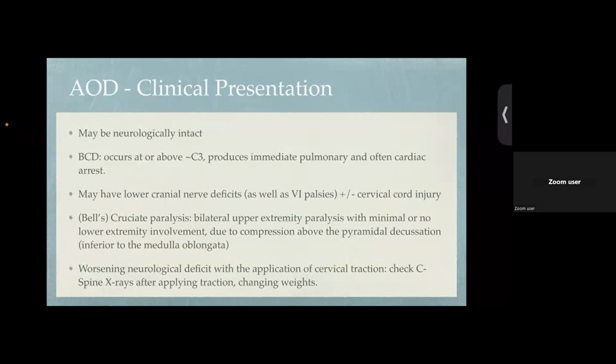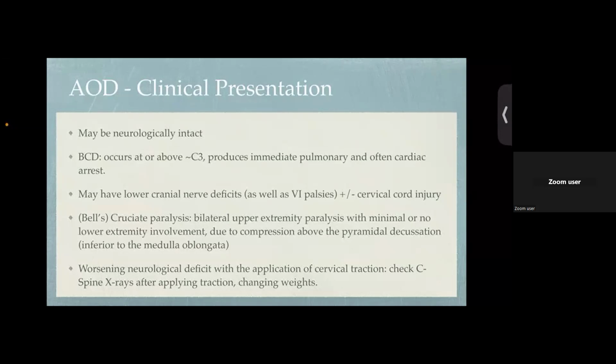They can also present with Bell's cruciate paralysis, which is bilateral upper extremity paralysis with minimal or no lower extremity involvement due to compression above the pyramidal decussation, which is inferior to the medulla oblongata. Of note, there may be worsening neurological deficit with application of cervical traction, which is why I usually check spine x-rays after applying the traction.